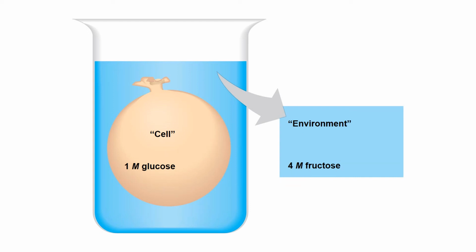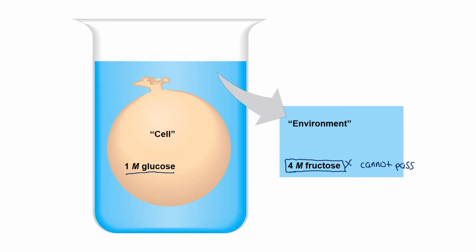Let's look at this example. Here we have 1 molar of glucose inside the cell, and we have 4 molar of fructose outside the cell. However, fructose still, again, cannot pass the membrane. All right, so what do you think is going to happen?